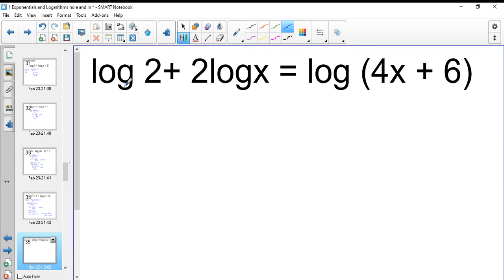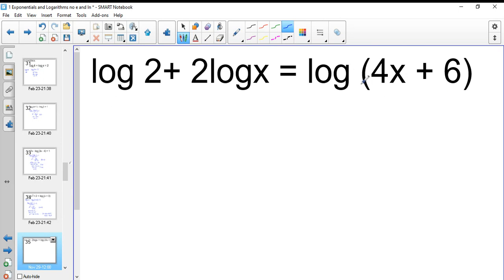Now this one is different. If you look, there are 3 terms, but each of the terms have got a log. So there isn't one that's just a number, they are all logged. So this is one of the other ones where we're going to end up with a log equal to a log. So I'm just going to leave that where it is. These are all log to base 10.